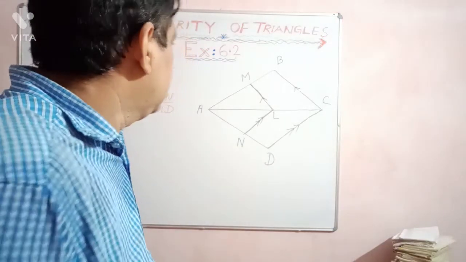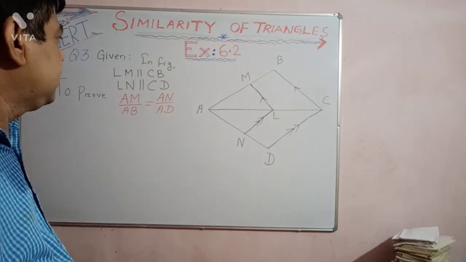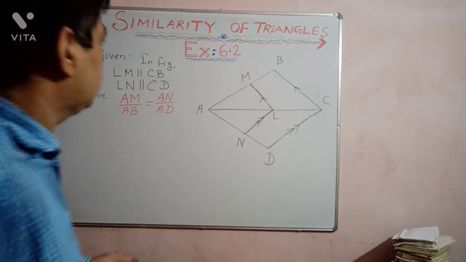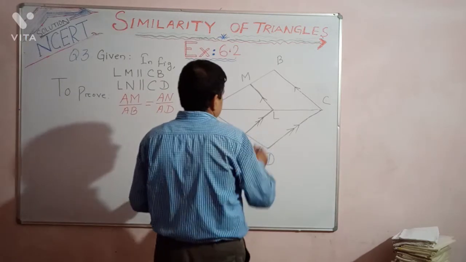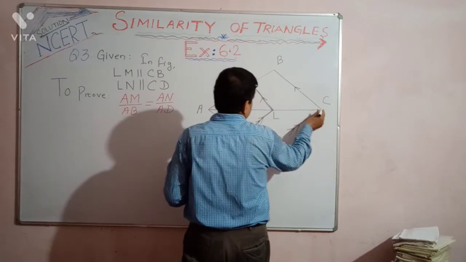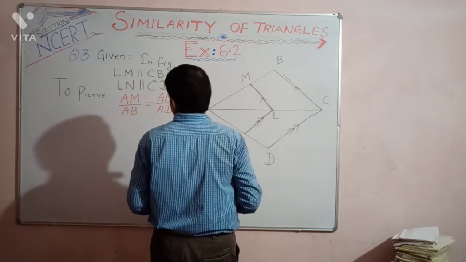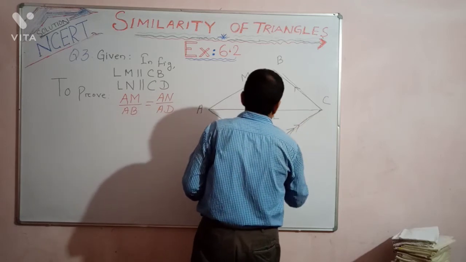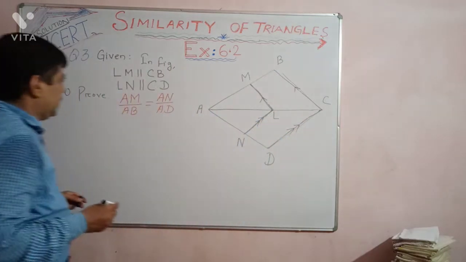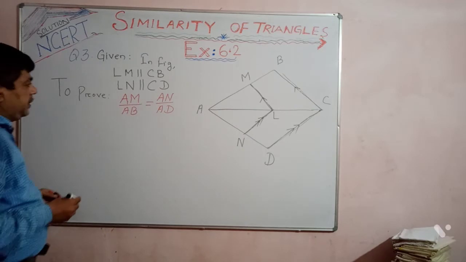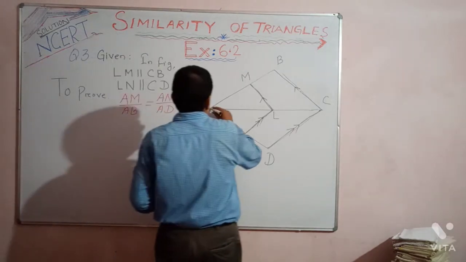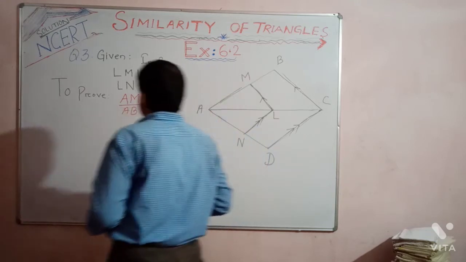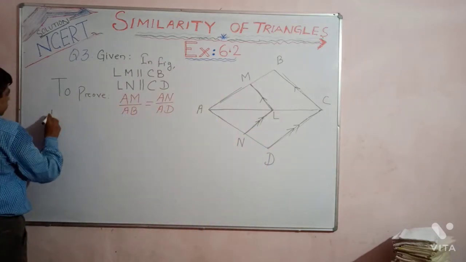You clearly see in the given figure, LM parallel to CB is given, and LN parallel to CD is given. You have to prove that AM upon AB is equal to AN upon AD. Let us prove.